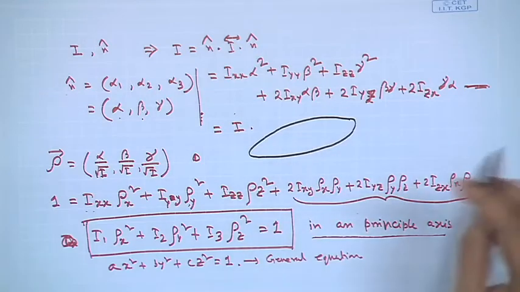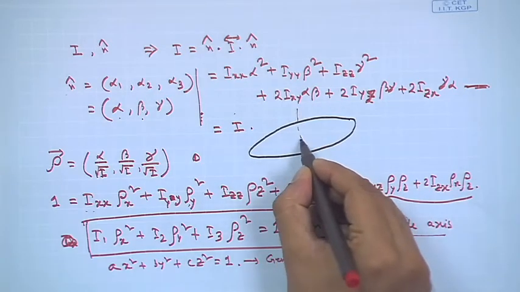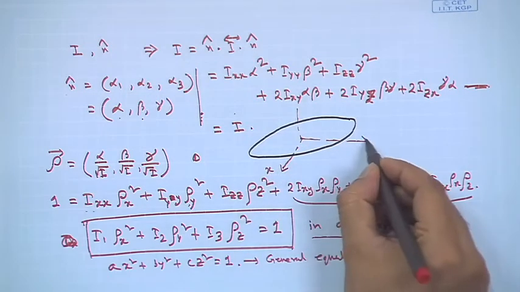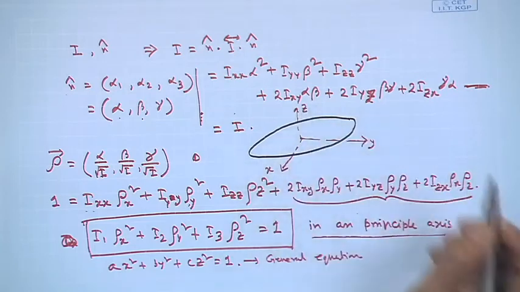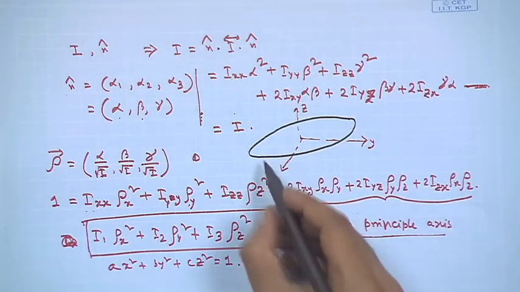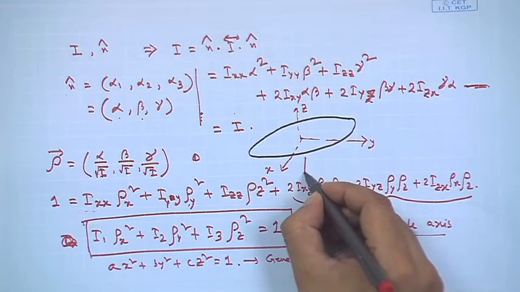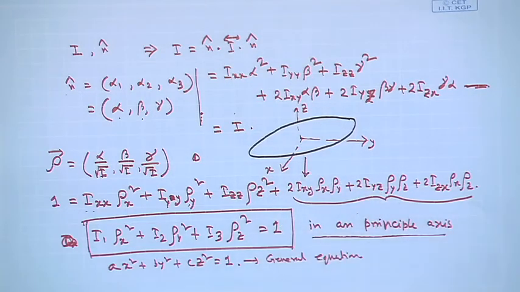Let us assume this is the axis system we are working in. This is my x, this is my y, this is my z, right.